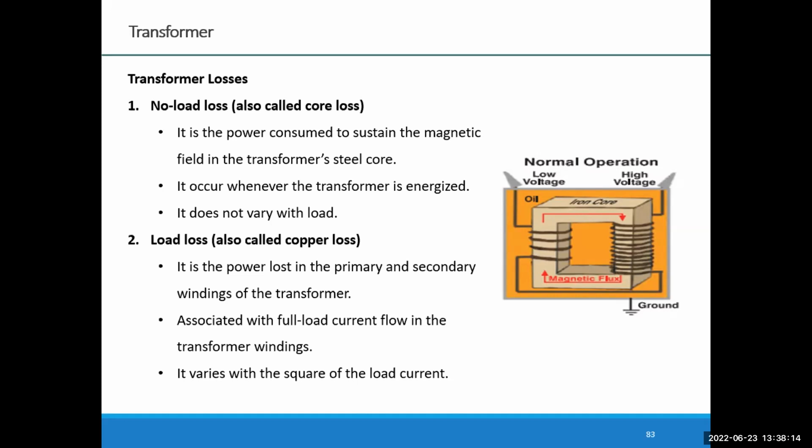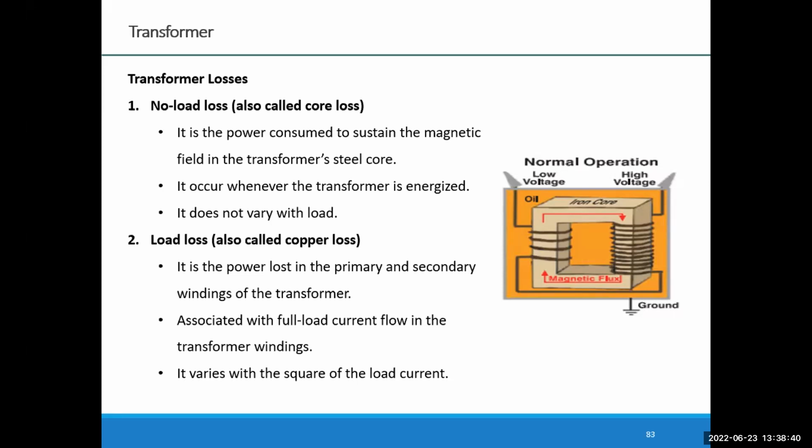Another kind of loss is based on the transformer winding, shown here as the high voltage side and low voltage side, which is a copper winding. There, copper losses take place. They vary with respect to the load applied on the transformer. It is the power loss in the primary and secondary winding of the transformer, associated with full load current flow in the winding.